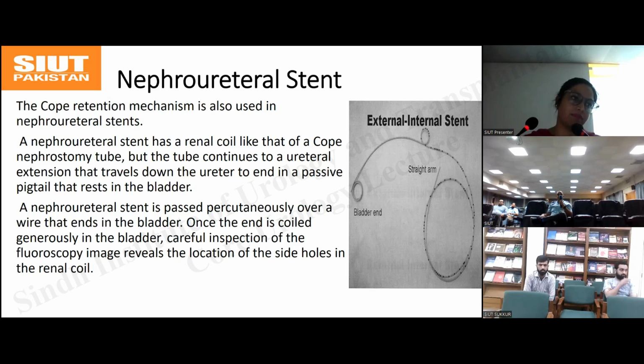Usually people tried to place a stent from the kidney to the bladder through a submucosal channel, not through the normal passage.